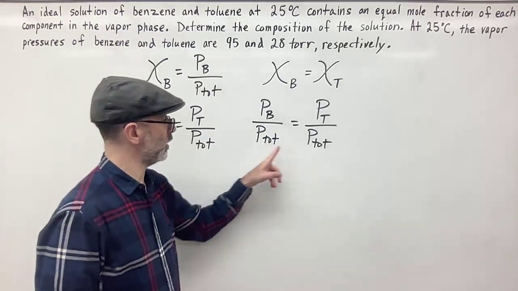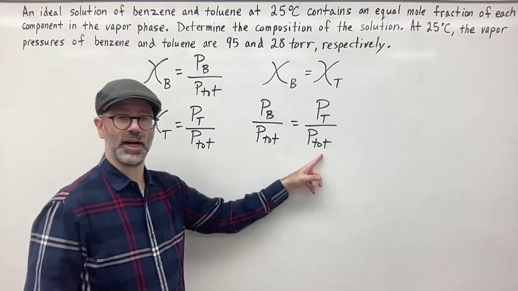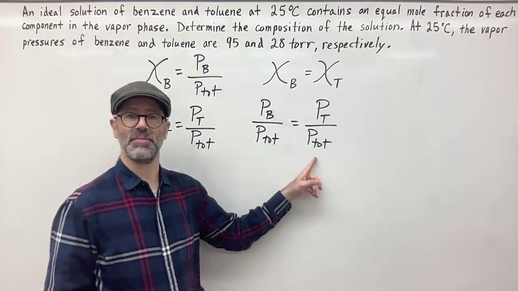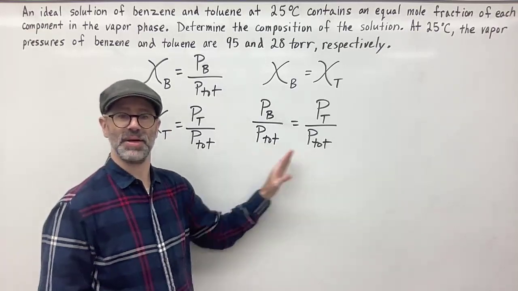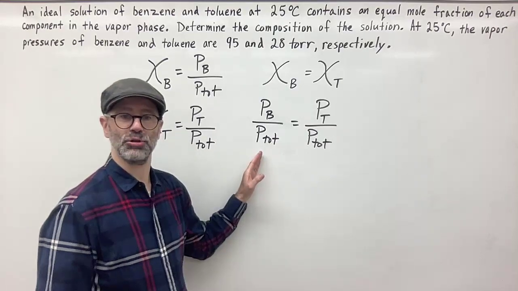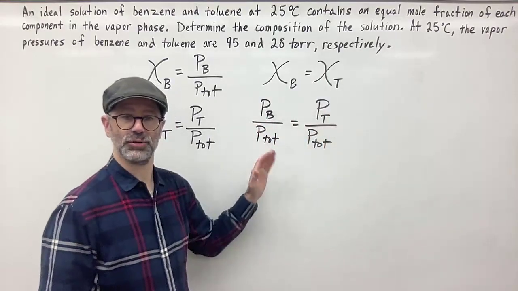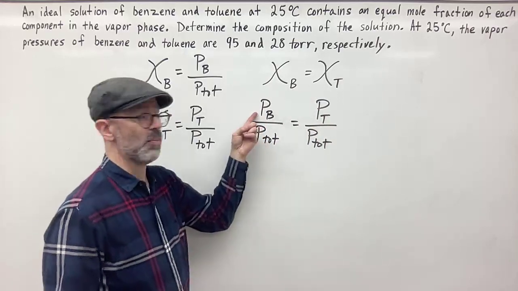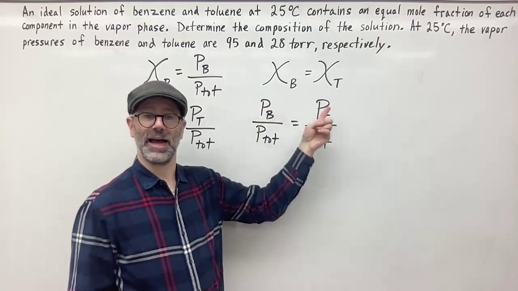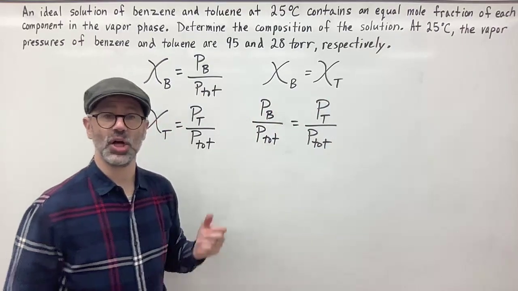So those are equal together. But the denominator, the total pressure, is the same on both sides. So if the denominators are equal to each other and the whole ratios are equal to each other, that means that the partial pressures of both substances are equal.